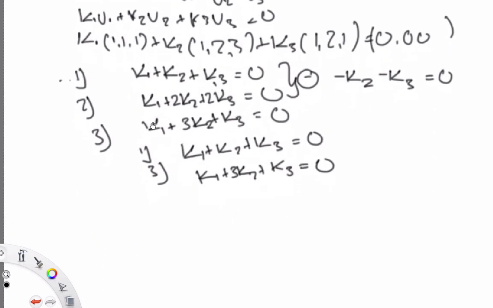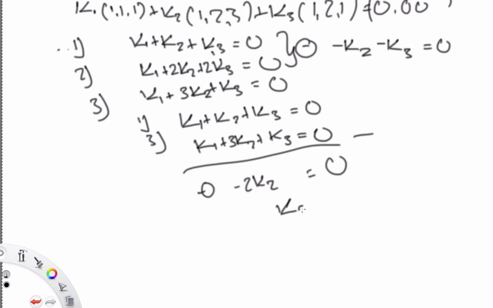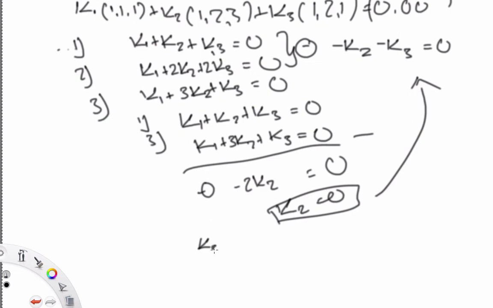Then next, directly, minus 2k2 will be 0, so k2 will be 0. We can substitute this into the equation, so we get k3 is 0, and k1 is 0.